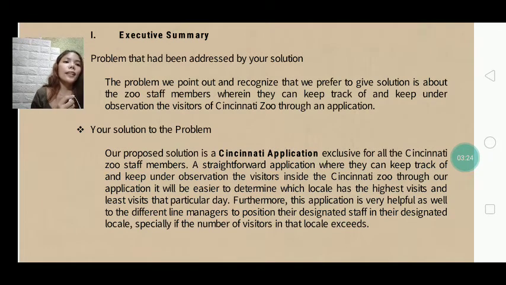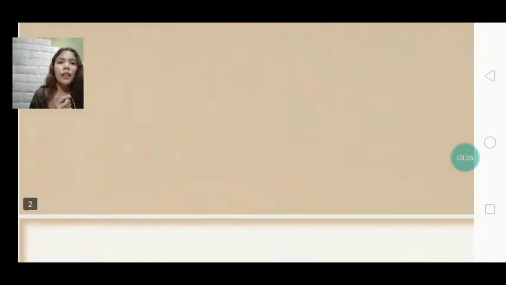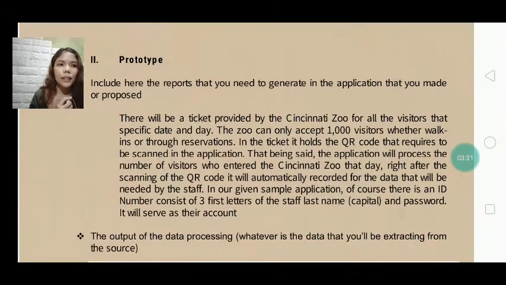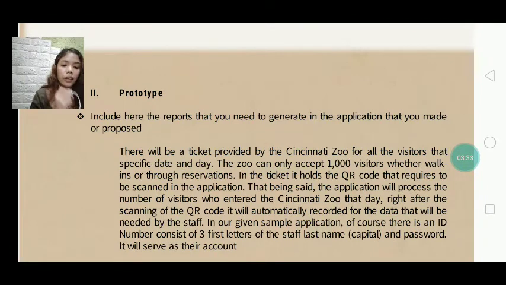Now, let us proceed to the prototype. Here are the reports that we need in order to generate the application that we propose. There will be a ticket provided by the Cincinnati Zoo for all the visitors on that specific date and day.